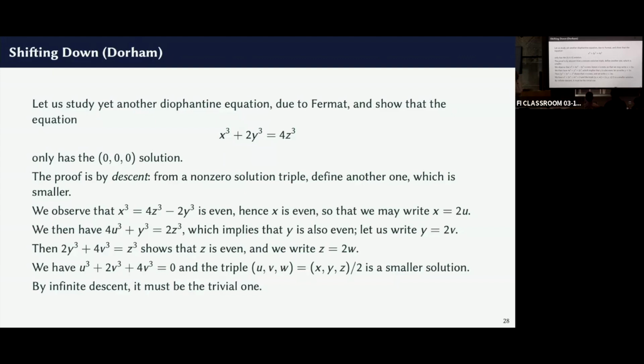So you write it 2v, and then z cubed is 2 times something, so z is even. So z is 2w. When you divide everything by 2, you get u cubed plus 2v cubed plus 4w cubed is 0. So the triple, divided by 2, is still a solution, and unless the solution is 0, it's smaller. So by infinite descent, you have a contradiction.